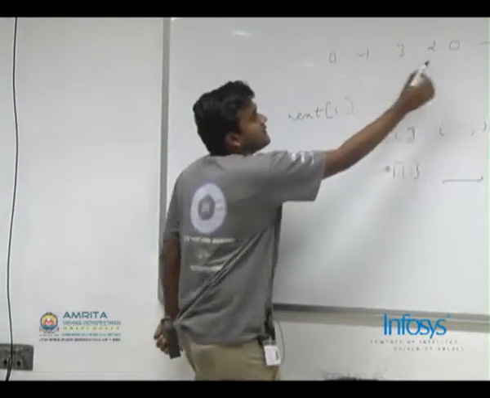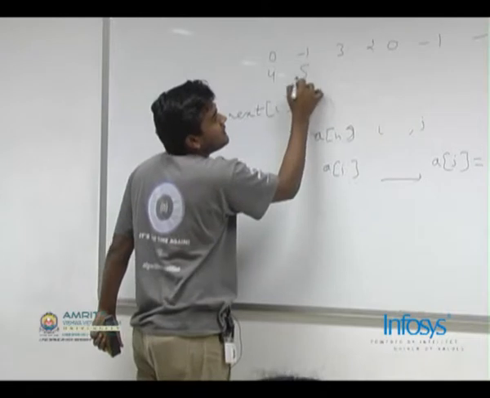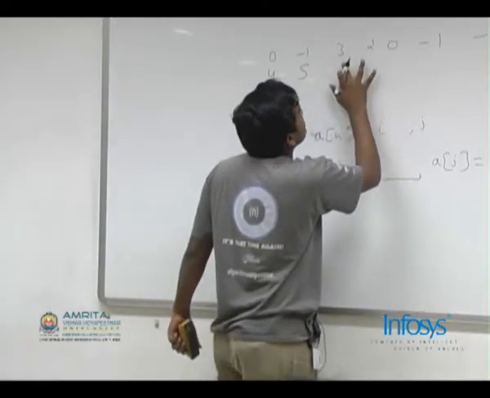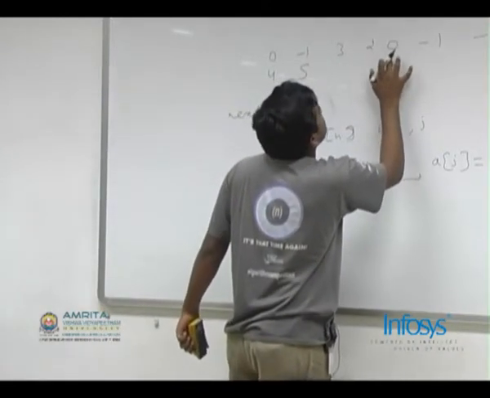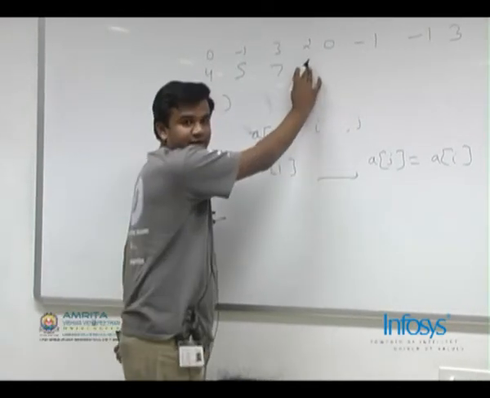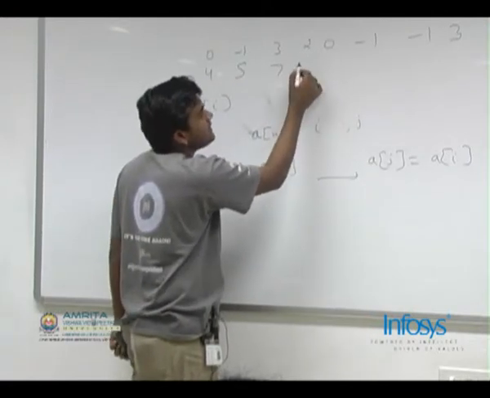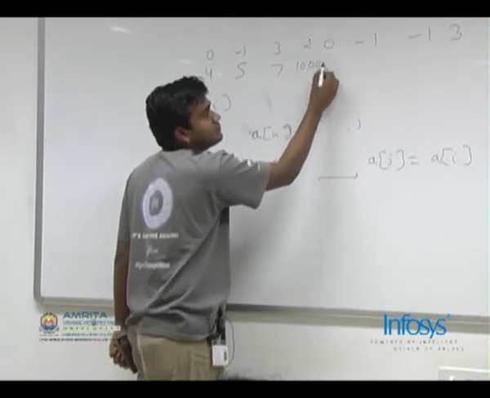So for this, the next number would be 0, 1, 2, 3, 4. So 4, 5, 7 for this 3. 2 doesn't repeat, so we can simply store, let's say, some large number here.